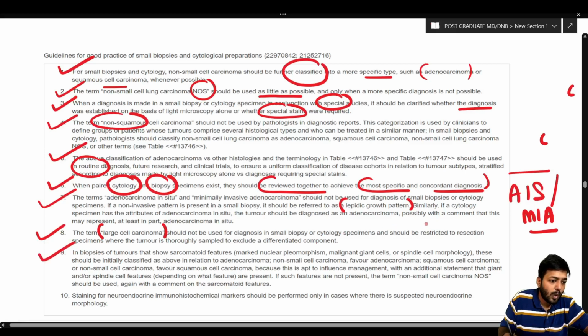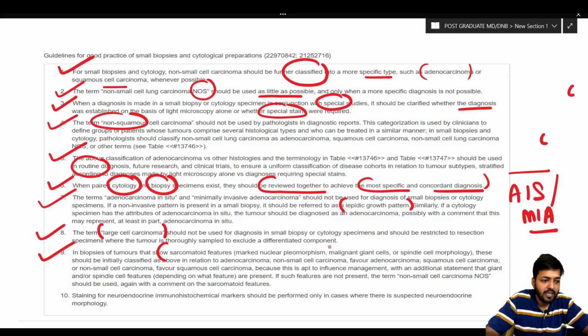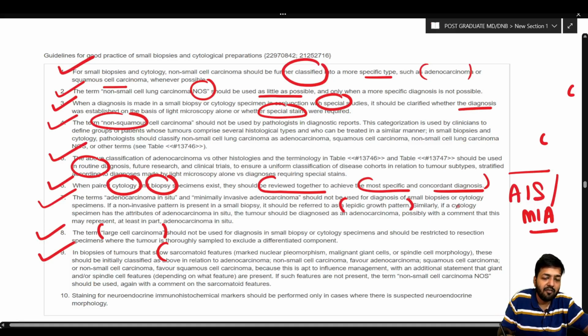In biopsies of tumors that show sarcomatoid features, that means there is marked pleomorphism or presence of giant cells or spindle cell morphology, this should initially be classified as above. That means you ought to write adenocarcinoma or non-small cell carcinoma favoring adenocarcinoma, or squamous cell carcinoma or non-small cell carcinoma favoring squamous cell carcinoma.